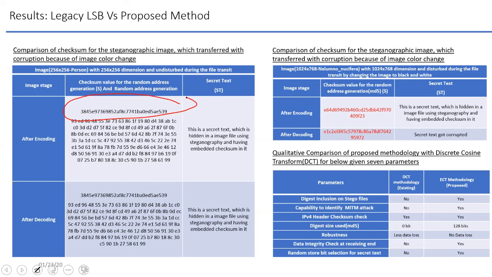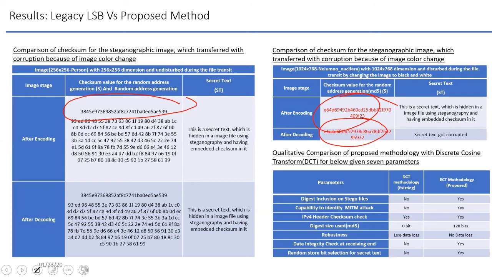On the receiving end, I read the primary files, the first four files, get the secret text, calculate the hash, and compare it with the hash sent in the header. If these two are not equal, it means that it got corrupted. Then I go ahead and do the image recovery.